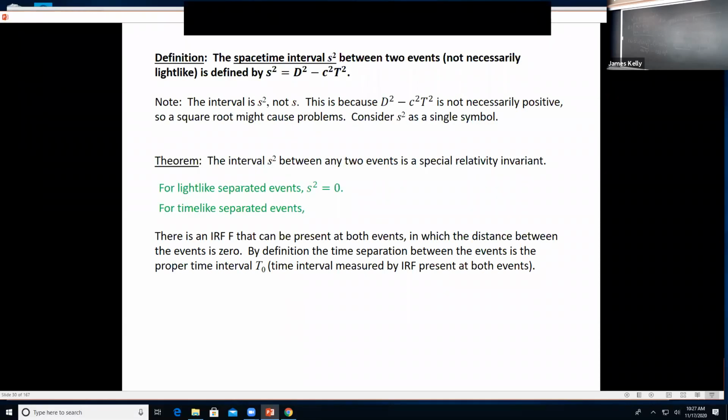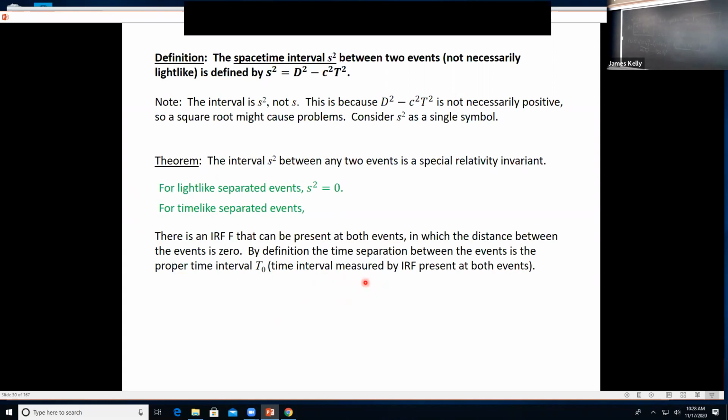If they happen at the same location in that IRF, the distance is going to be 0 between those two events, right? Firecracker goes off, somewhere else firecracker goes off. For the people traveling between those two firecrackers, they happened at the same location. Maybe both explosions happened at the origin. So the distance between the events by definition is 0.